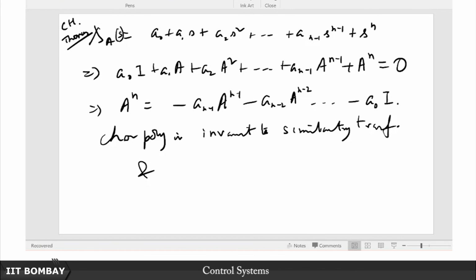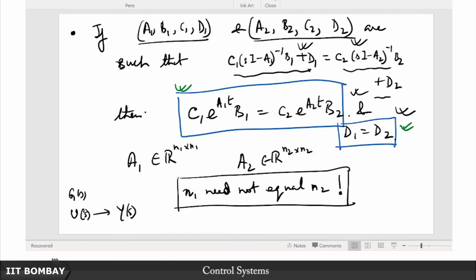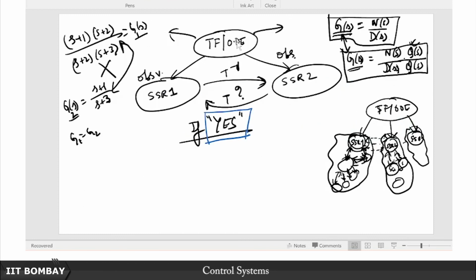If this is the characteristic polynomial of the A matrix and you start from the same transfer function, irrespective of whether there exists a similarity transformation or not, in fact, you are going to end up with this state space realization and this state space realization. The A matrices, if they are of the same size, must have the same characteristic polynomial.